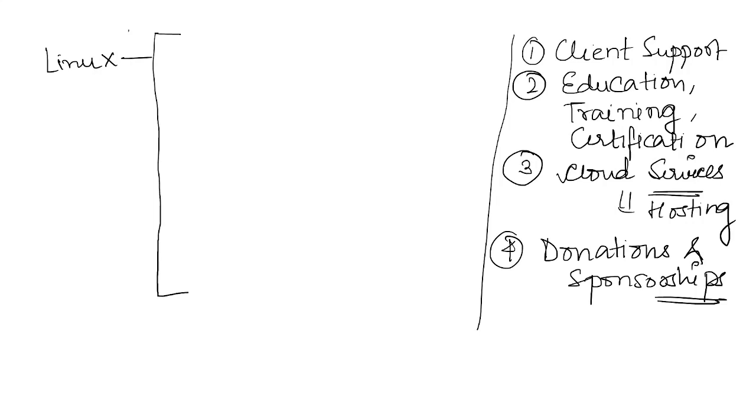So there are different kinds of Linux we commonly use. One is called RHEL, that is Red Hat Enterprise Linux. One is Fedora. One is Debian.